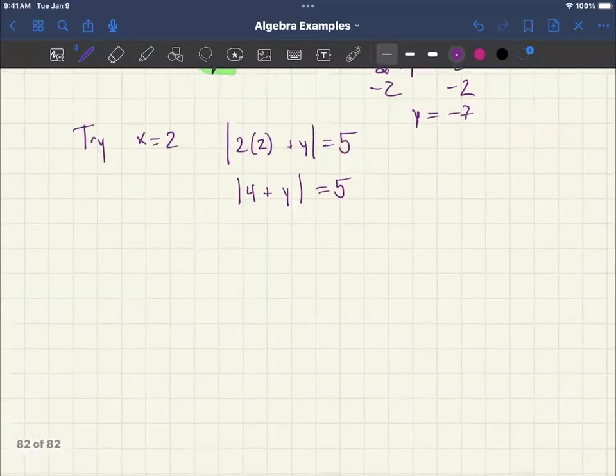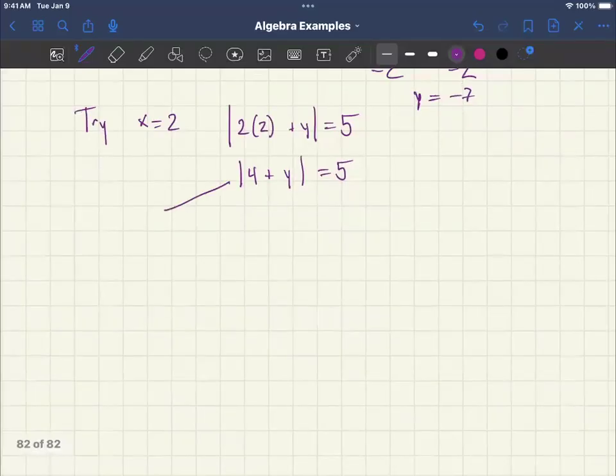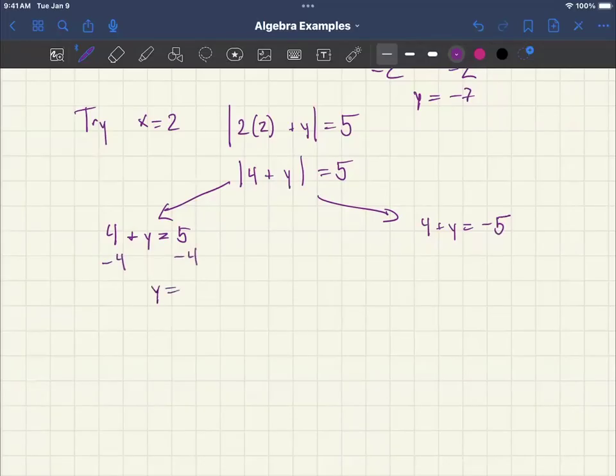Again, we're going to break this into the two different outcomes: 4 plus y is equal to positive 5, and 4 plus y is equal to negative 5. Again, I'm going to put that negative sign on the right-hand side just to make it a little bit easier to work with. So we can subtract 4 from both sides.